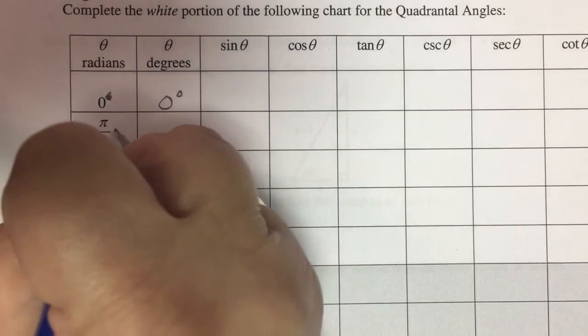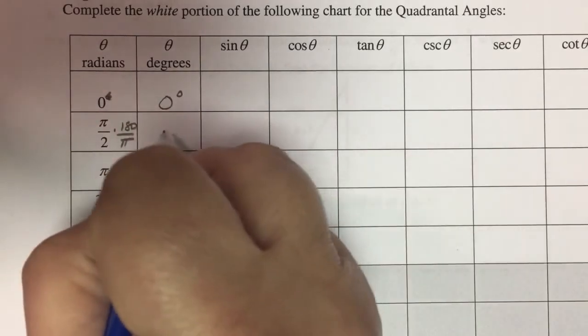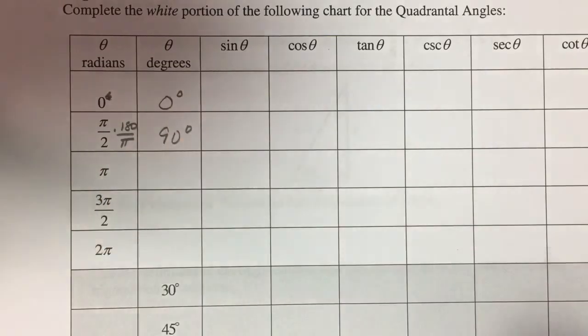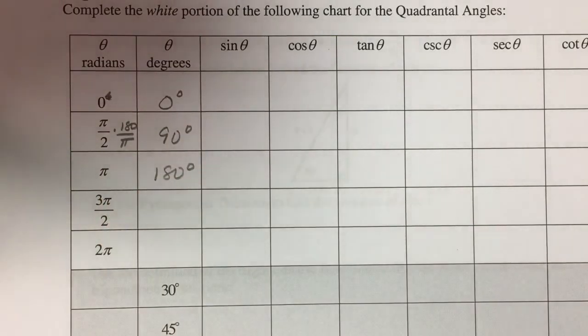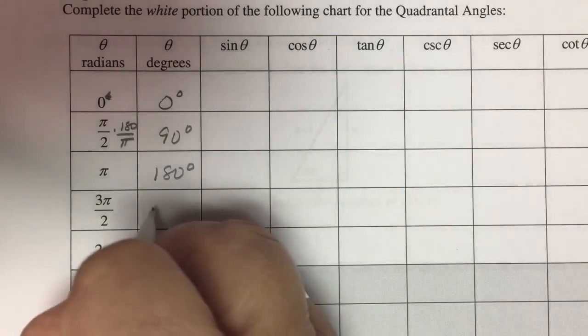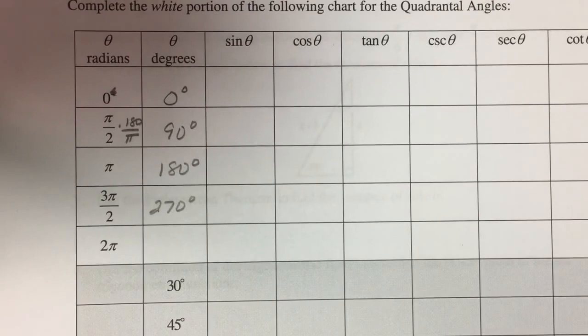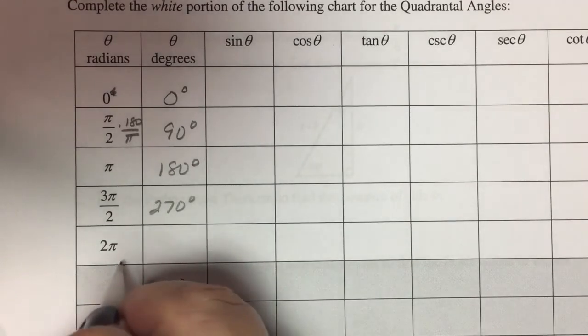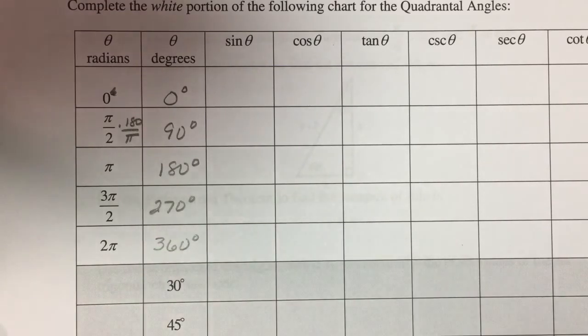Pi halves, if you multiply 180 over pi, you can see that that's 90 degrees. Pi is 180 degrees. We talked about the fact that 3 pi over 2 is 270 degrees, and you can work with these and multiply them by 180 over pi if you want to. And 2 pi is 360 degrees, and of course we know that that is the same thing as 0 degrees.